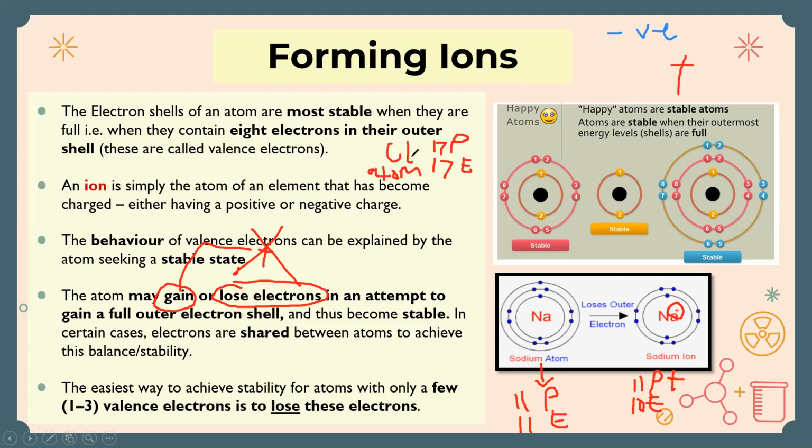But when chlorine accepts that 1 electron from sodium, the chlorine ion, which is actually called chloride, not chlorine anymore because it's now an ion, not an atom, has 17 protons but 18 electrons, because remember, it gained. Because it's got more electrons now, it's got more negativity compared to positivity. That's why we say that anions have a negative charge. Really, really important to understand this idea.